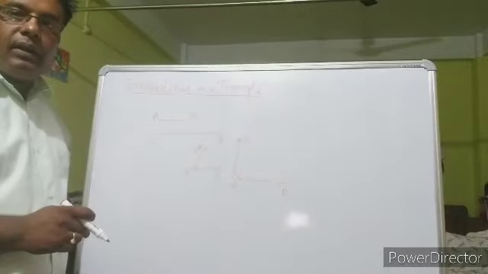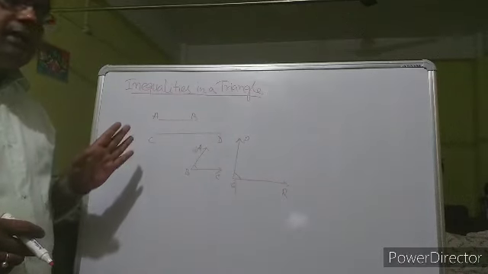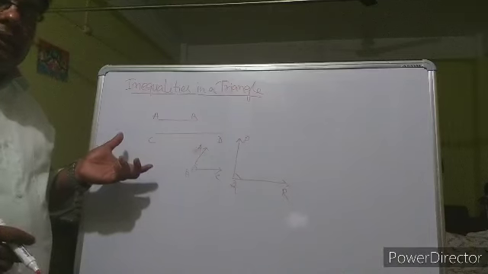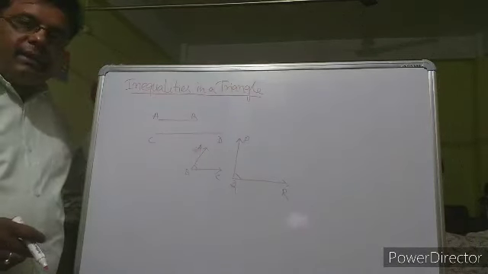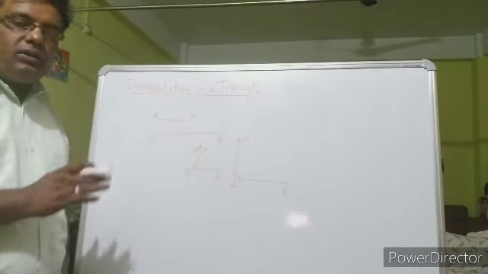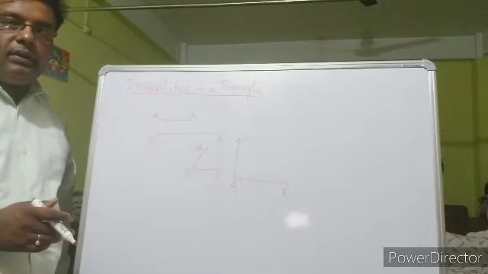That is, not equal. Now here we will study the inequalities in a triangle. In a triangle, there are three sides and three angles. So we will discuss the relation of the longer side or shorter side, or greater angle or smaller angle.